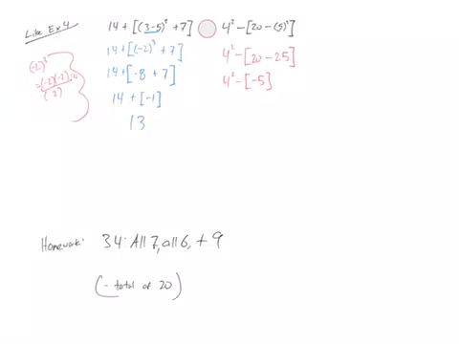Now 4 squared is going to give me 16. 16 plus the opposite of negative 5, which is 5, is going to give me 21. So these two numbers, either 13 or 21. Well, obviously 21 is going to be bigger, so the sign goes this way, less than. The expression on the left is less than the expression on the right.